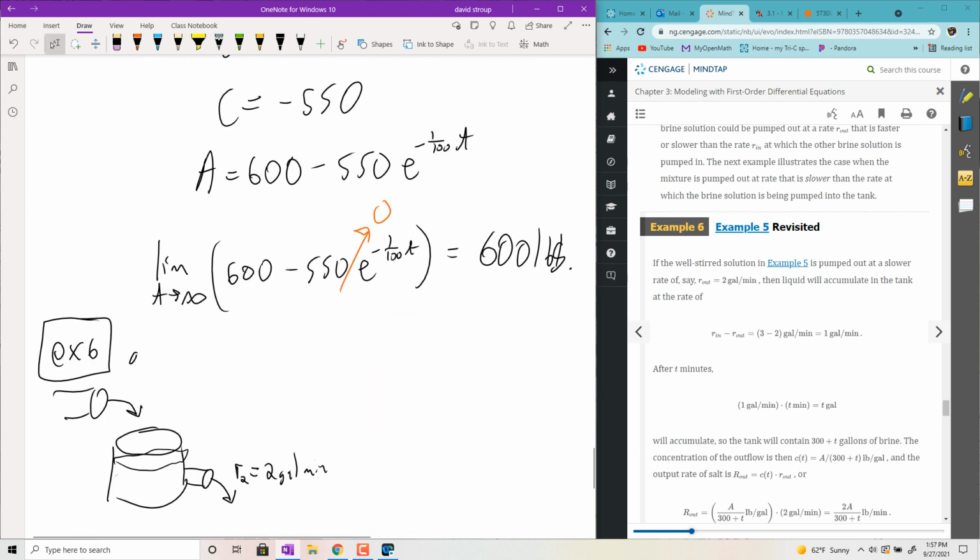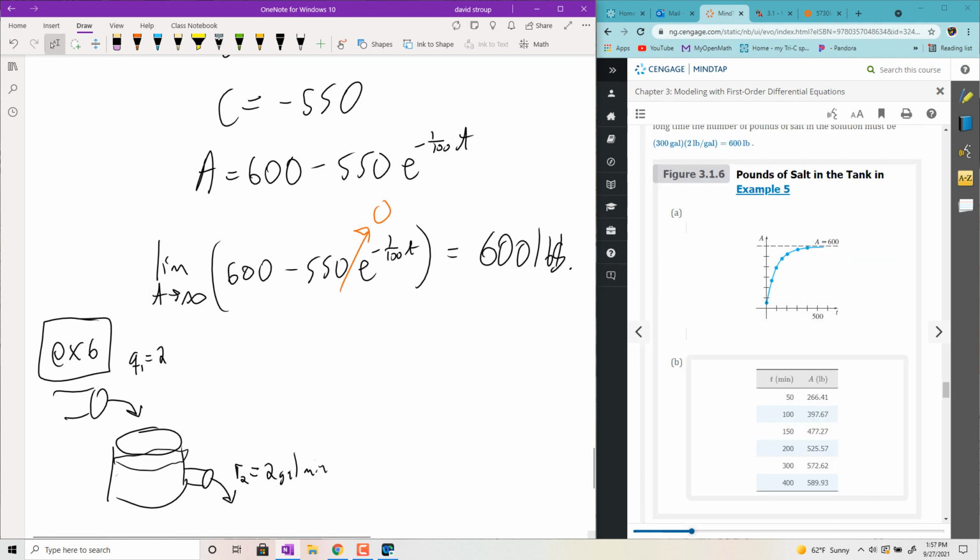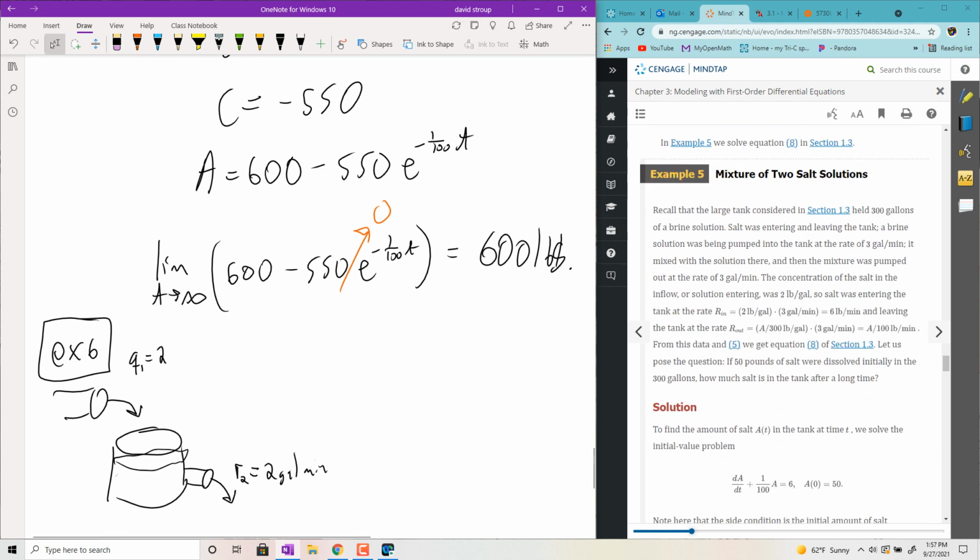Let's see what else. What did I say? Q sub 1 is 2. If I just scroll up, I can get the previous one. Okay, so it's going in at a rate of R1 equals 3 gallons per minute, and it's 2 pounds per gallon.